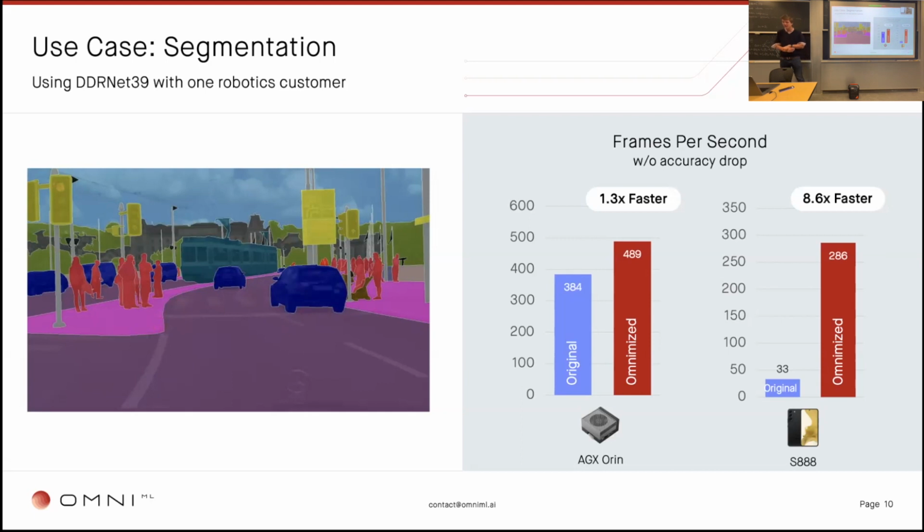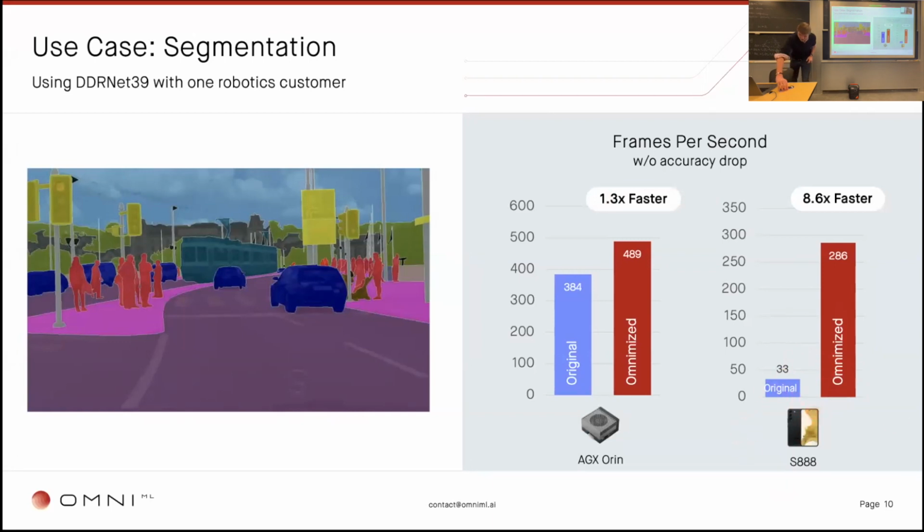What we have done is we applied the platform and the software that we developed to help them optimize their model. I'm going to give you two numbers here. One of them is optimizing that model with an NVIDIA Orin device, and the other one is with a Qualcomm S888 chip.